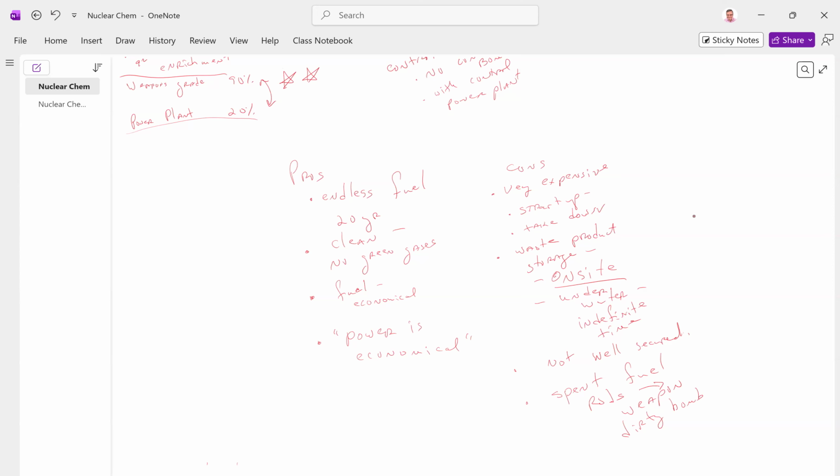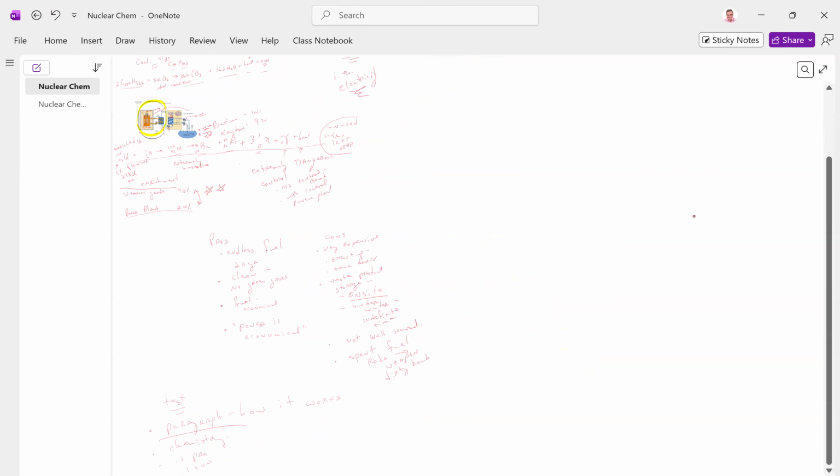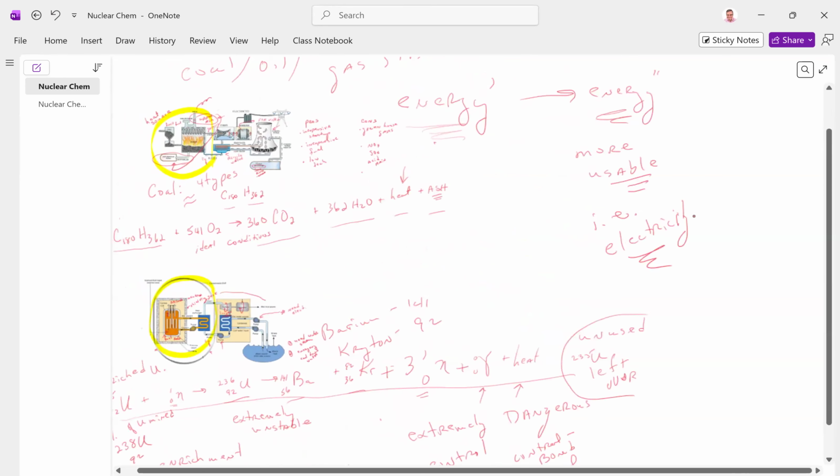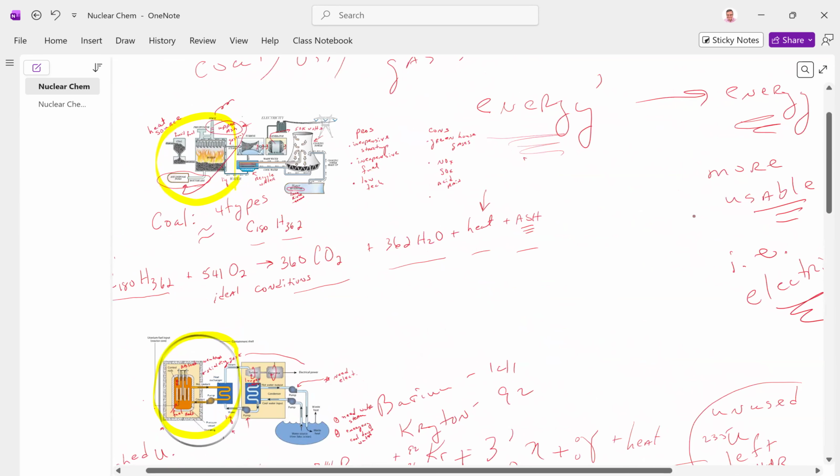I wanted to make it as basic as possible, especially when you're looking at what's going on in our country. You have the coal-fired stuff going on, and you've got the nuclear stuff going on. Each has its pros and cons. And it's important to understand the pros and cons when you're listening to politicians, because they don't know jack, particularly about the technical aspects of this.